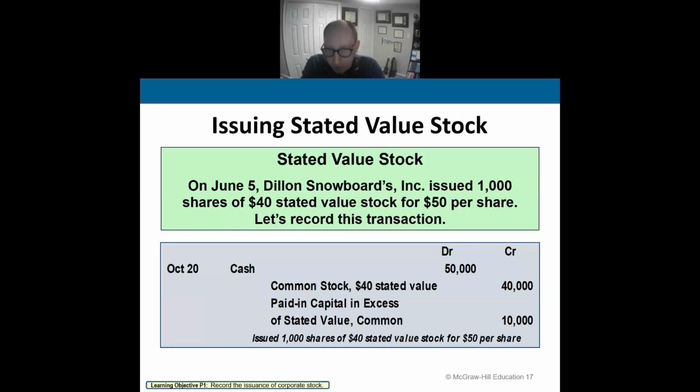And then we're also going to credit paid-in capital in excess of the stated value for common stock. In this case, of course, it is 10,000. How do we get 10,000? We take the price per share that we sold it at minus the stated value per share. So 50 minus 40 is 10. 10 times 1,000 is 10,000. That's how we got there.